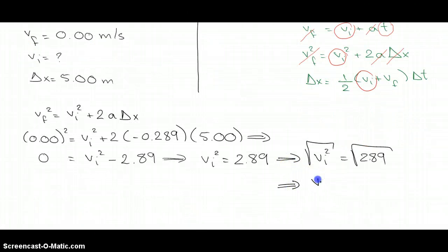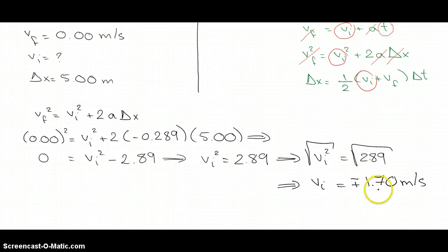So vi is plus or minus 1.7 meters per second. And it's plus or minus because there are two roots, a positive one and a negative one.